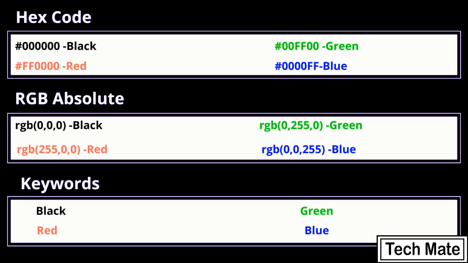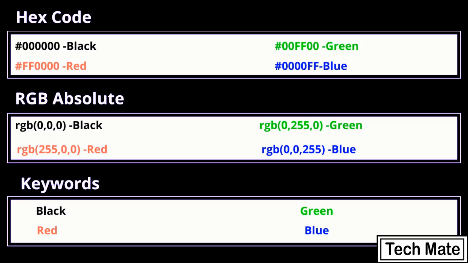When I put F in the first 2, it is red, and the remaining are 0. Similarly, the next 2 are for green, so it is going to give you green, and the last 2 are for blue. If you have F in the last and 0 for the remaining, it is going to be blue.